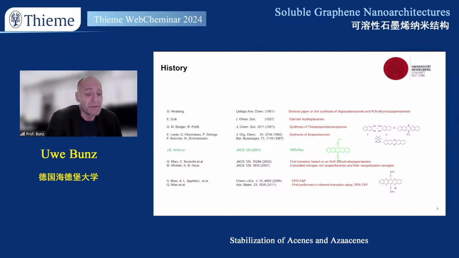Later, it was not until 1967 that Kummer and Zimmermann were able to show that azapentacenes can be synthesized by oxidation of the corresponding NH compounds, which form typically by a condensation of aromatic dihydroxy with aromatic diamino compounds.